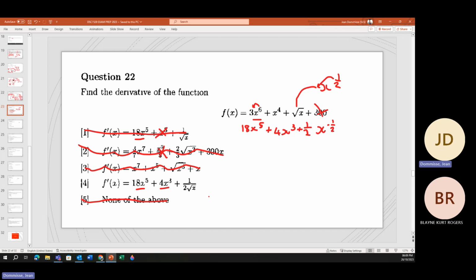And so there's nothing like that there yet. But we can also write that as 1 over the square root of x. And then that component, if we add it here, we could have just set the 2 at the bottom. So there we have 1 over 2 square root of x.